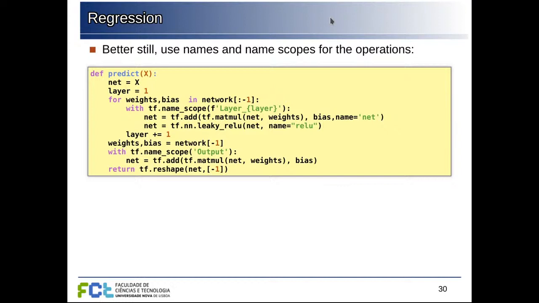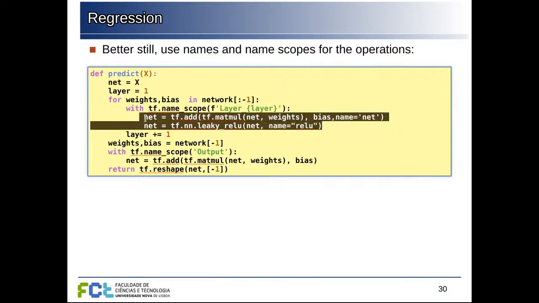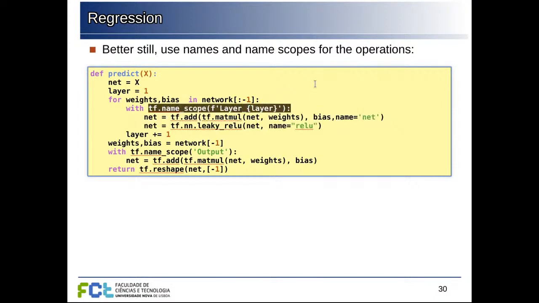If you want to simplify your graph, you can add names. You can create a name for a block of operations, and you can do that with this name scope here from TensorFlow. So in predict, when we are doing these operations of multiplying the matrices, adding, and then applying the activation, we can just call this layer 1, layer 2, and so on, and do these operations within the scope of that name.